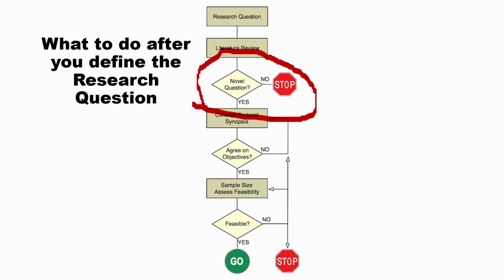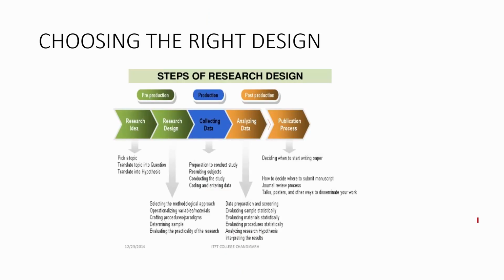As we look forward into the process and the process progresses, we will see that as you develop objectives, as you look at feasibility and sample size, you get to make more decisions. As we move ahead, we begin to see that there is a logical progression of steps in the research design.